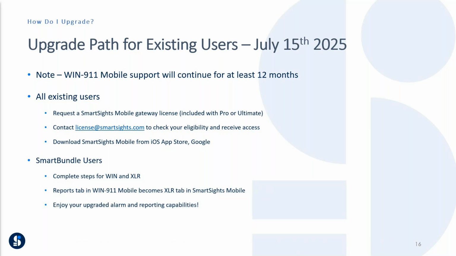Another question from Brady: does the new app allow you to restart Win911 services in addition to viewing the status of each? I believe it does not allow you to restart them, but it tells you their status. To actually restart them, you would need to access the Windows desktop services interface, or the SmartSights security module does allow you to restart those services.